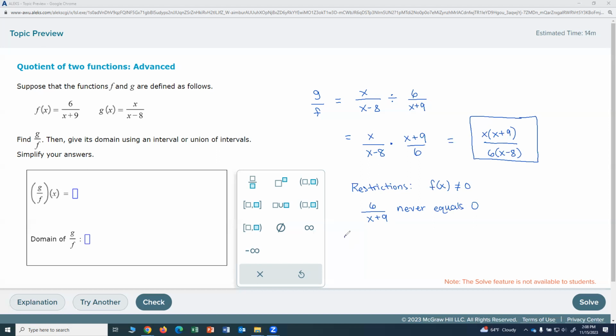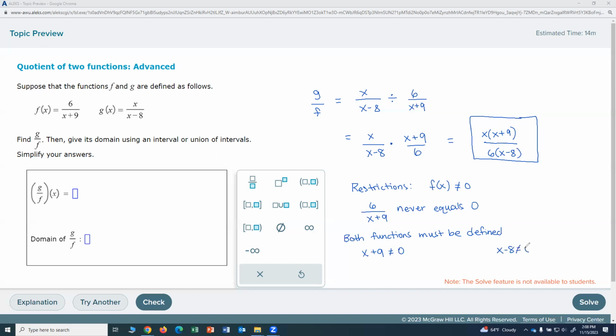So that means that x plus 9 cannot be 0, and that x minus 8 cannot be 0.